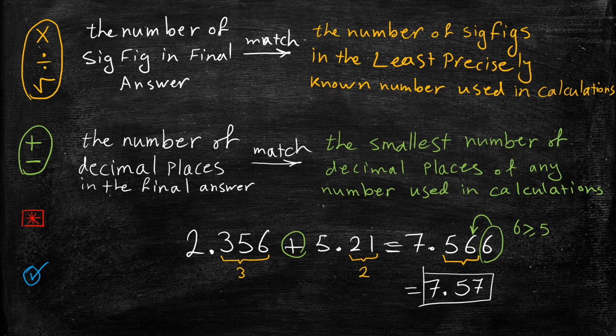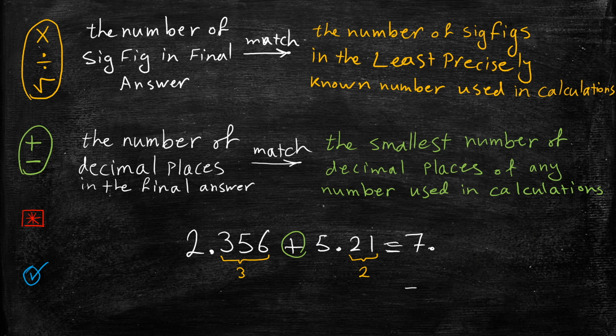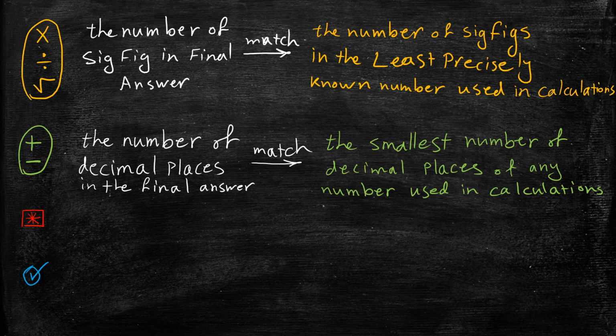There is one exception to all these rules, and that is regarding exact numbers. What do I mean by exact numbers? You remember, these significant figures become very important when we are doing measurements, reading numbers off of a measurement tool. But what if we're plugging these measured numbers into a certain formula?